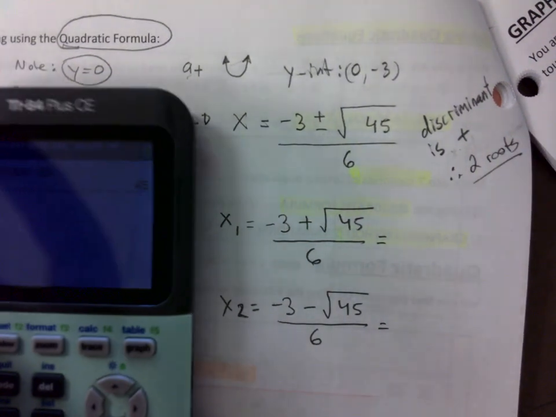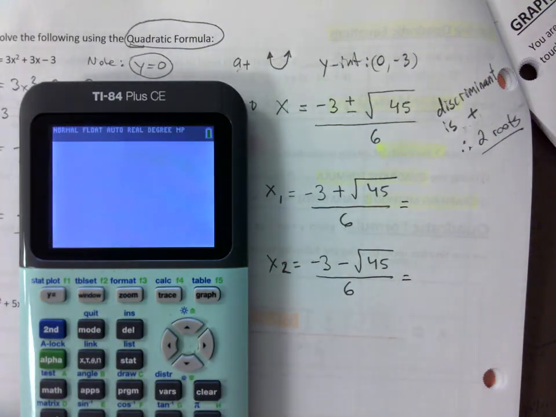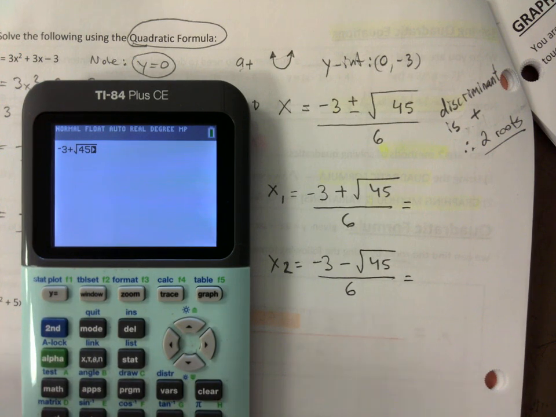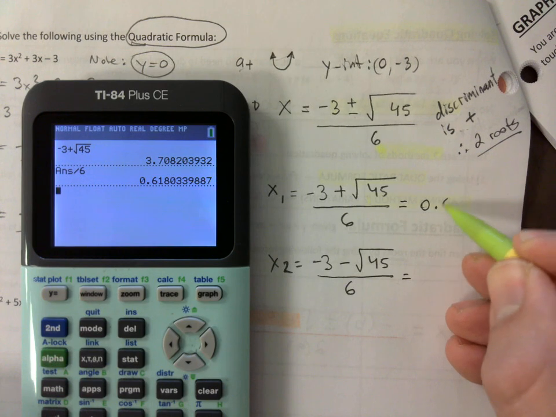So it's just, do you know how to use your calculator at this point? So grab your calculator and you go negative 3 plus root of 45. I would hit enter at that point, and then I'm going to divide it by 6. Okay, so I find the top, divide it by 6, and get 0.62.